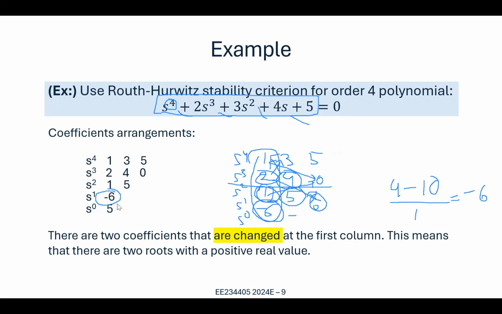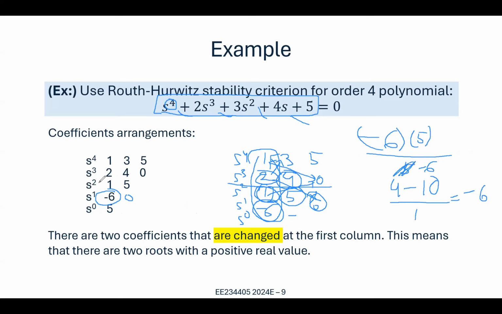The last one, if we want to compute it, is minus 6 times 5, and we have a 1 here that is multiplied by 0, and the denominator here is minus 6.